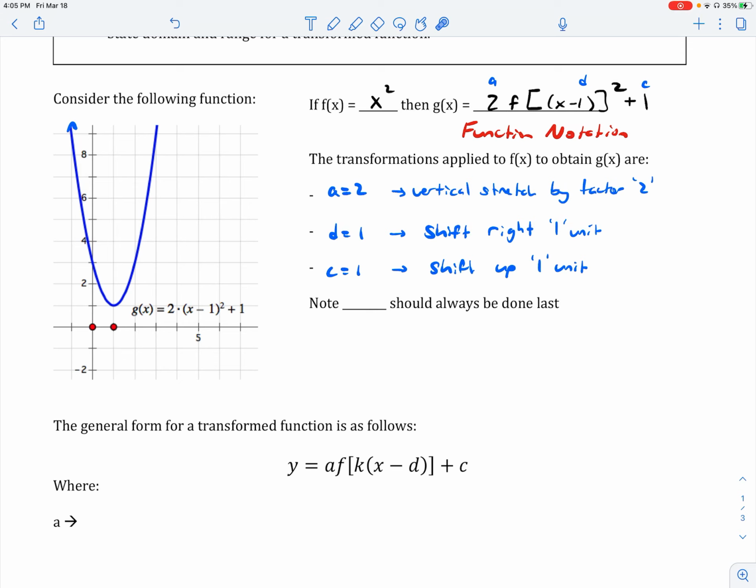So the graph goes up 1 unit, so we add 1, or it goes to the right 3, so we add 3. The stretches and compressions always refer to multiplying the x values or the y values by something. So we always want to multiply, following BEDMAS, before we do any adding or subtracting. So we'll say here, shifts should always be done last. It doesn't matter what happens before that, just save the shifts for last.